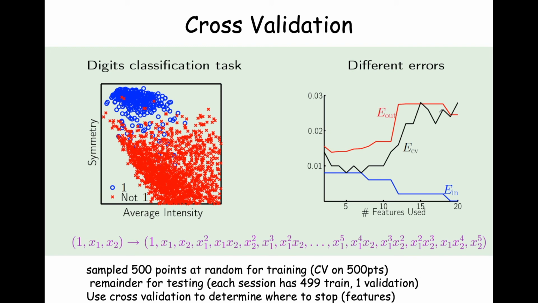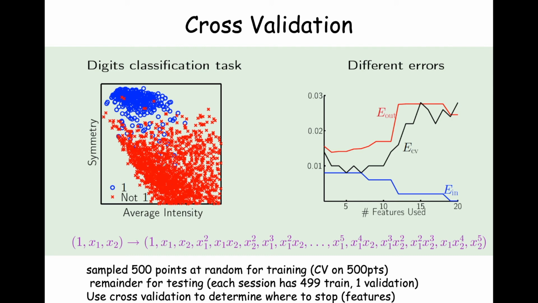And so let's go back. In this diagram on the left, your left, we have two features. So we're going to have data points in two-dimensional feature space. The horizontal axis is average intensity for a digit image, and the symmetry axis is this vertical axis.